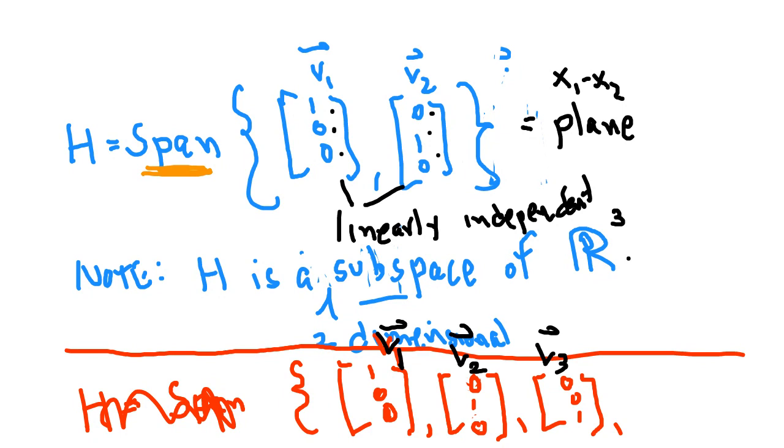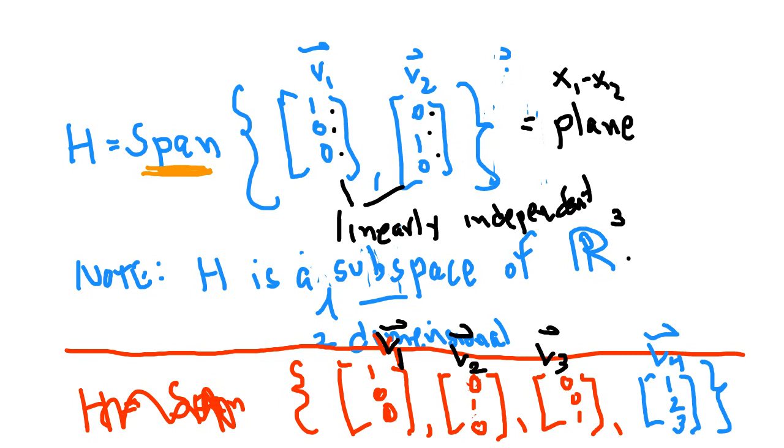Now let me add a fourth vector. I'll call it 1, 2, 3. I'll call that V4. Is this set, these four vectors V1, V2, V3, V4, a linearly independent set?